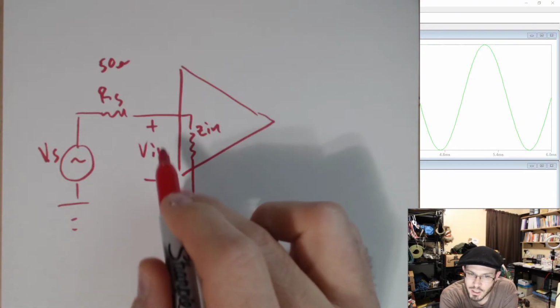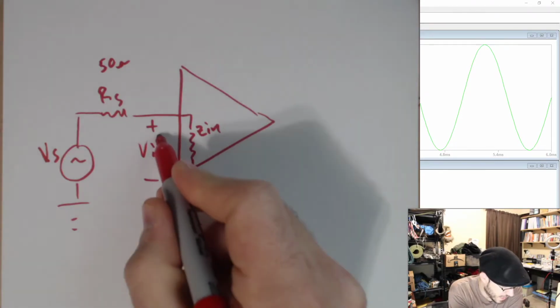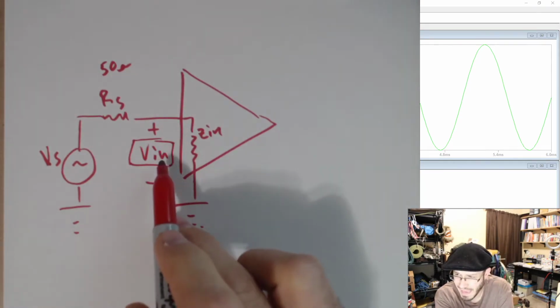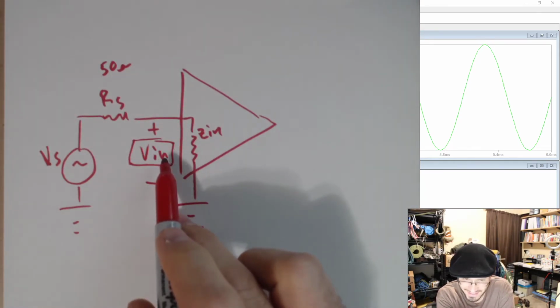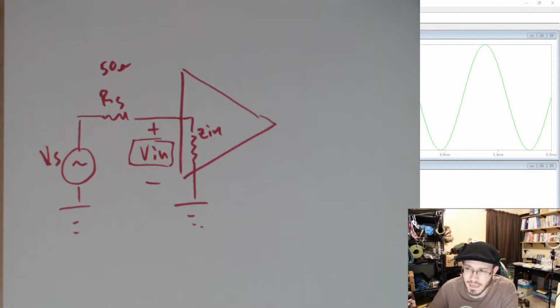So when I measure on my schematic between R1 and C1, I am measuring Vin. I'm measuring this voltage here, and I expect that it should be less than the voltage source. Not by much, but by a little.